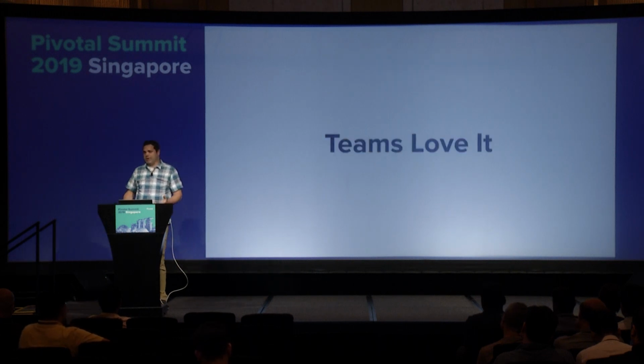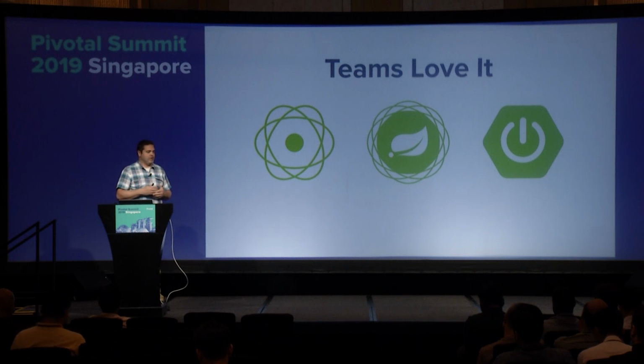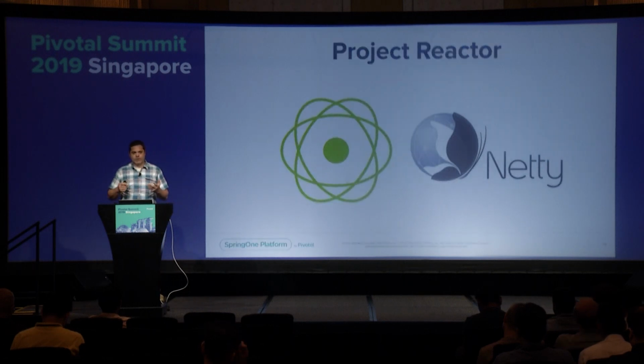So teams love Spring Cloud Gateway. It's built on the foundation of Reactor, Spring Framework, and Spring Boot. So Project Reactor is the reactive streams implementation from the Spring team, from Pivotal.